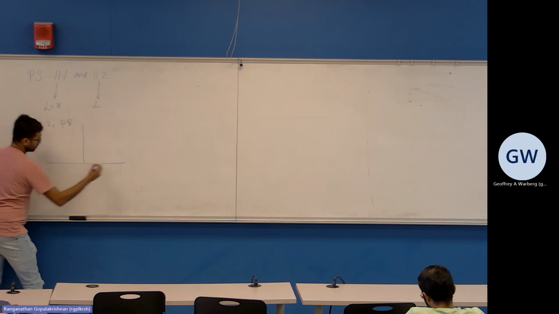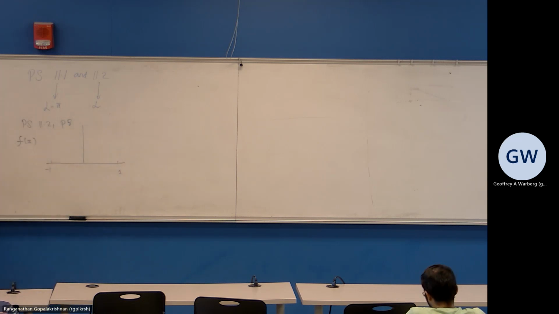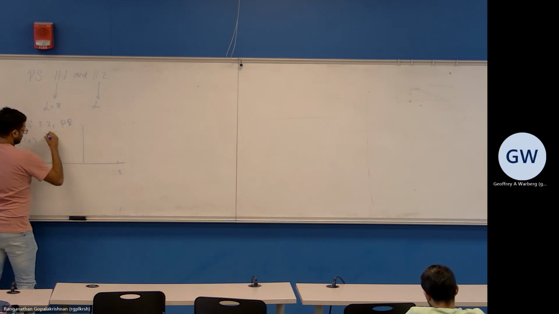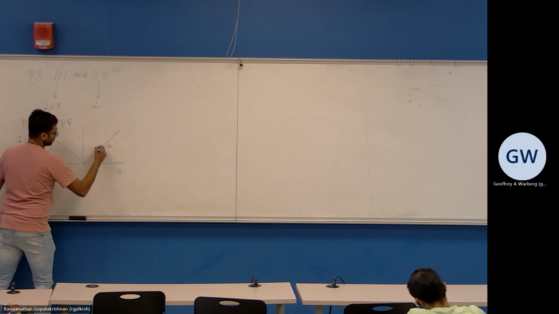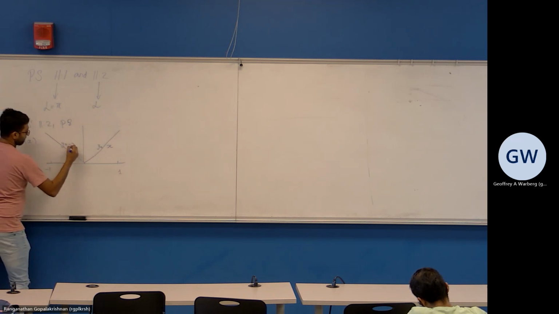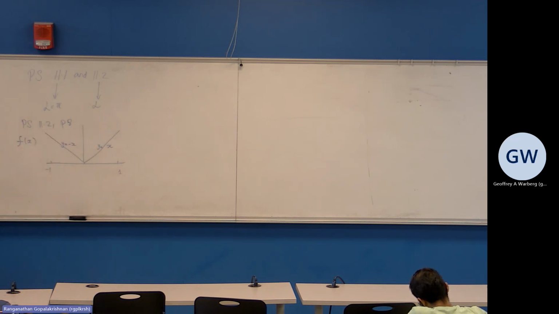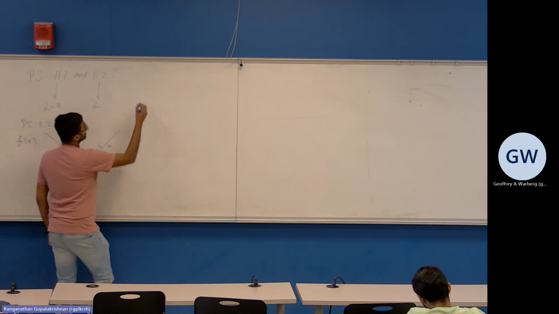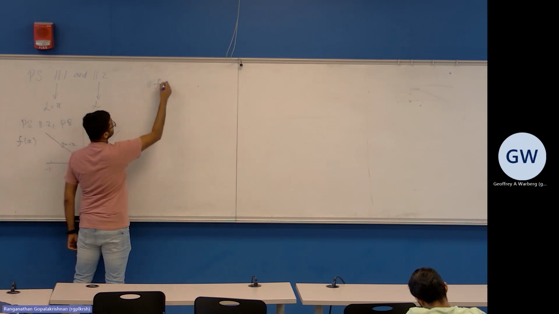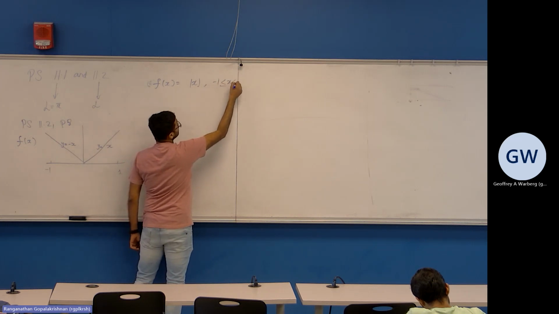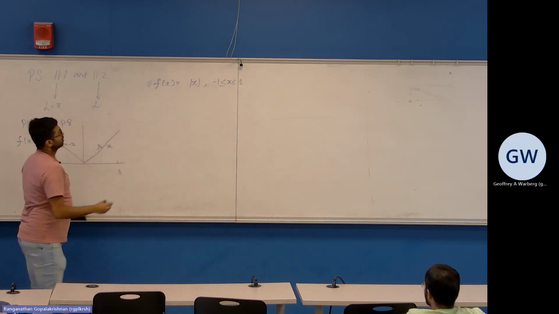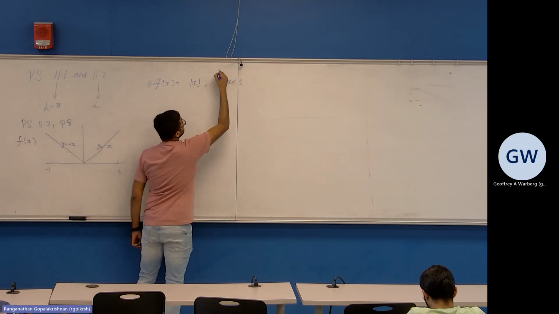Here is -1 to +1, and y equal to -x for x less than 0, and y equal to x for x greater than 0, which you can compactly write f of x equal to absolute value of x, and x varies between -1 to +1, or -L to +L.